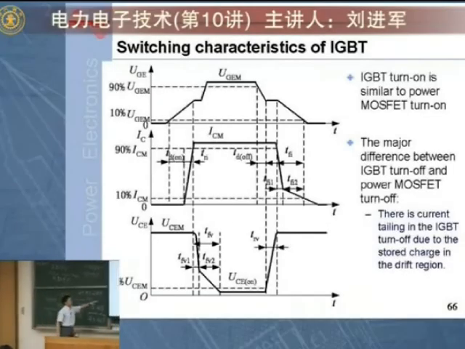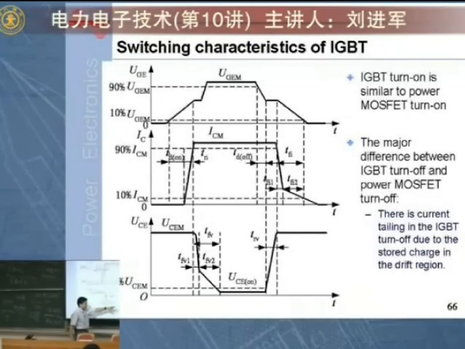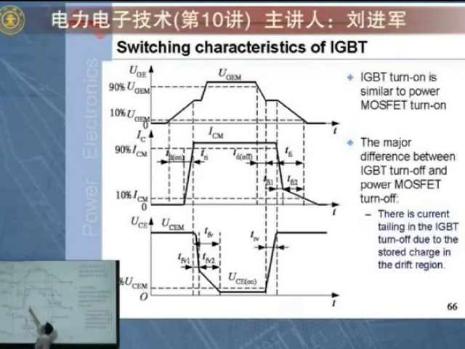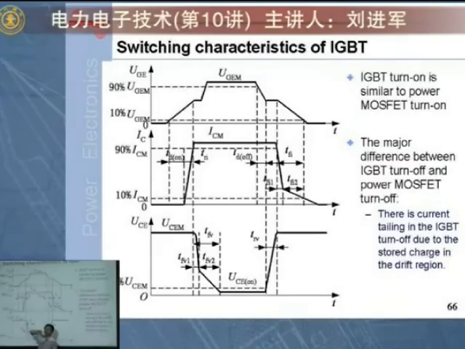And this turn-on and turn-off transient waveform is similar to MOSFET. You have this Miller plateau here. You see that in the voltage between G and E, the gate and emitter voltage.